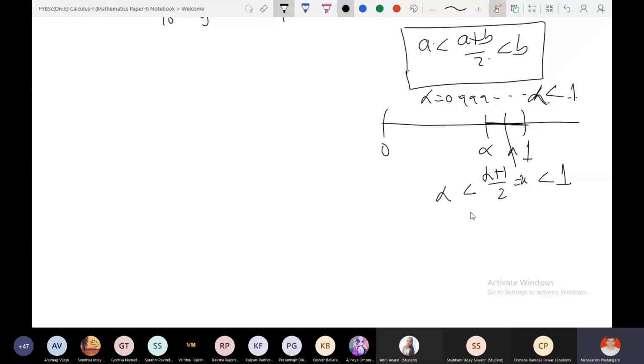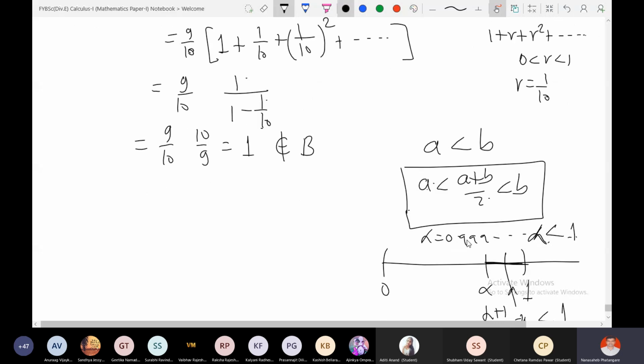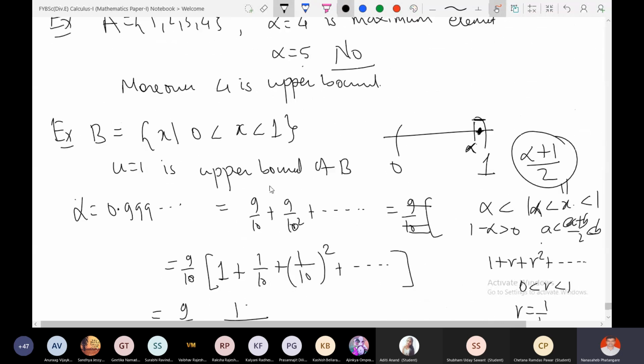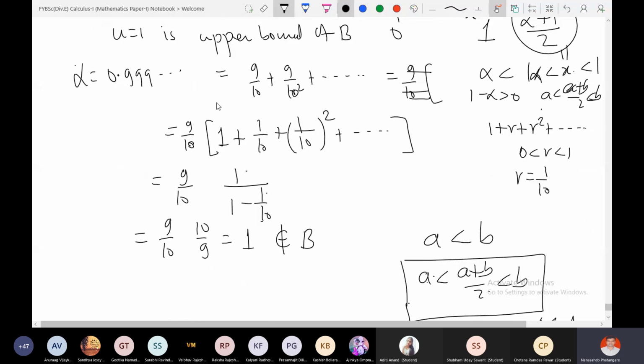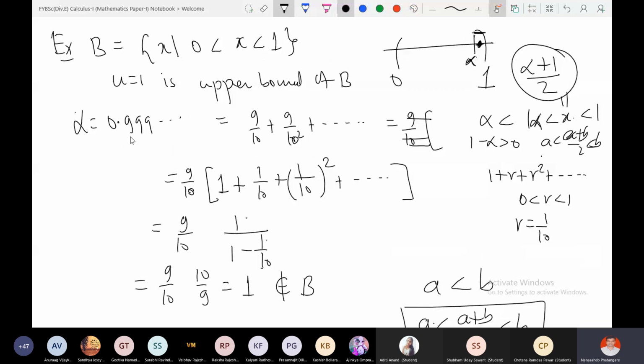A contradiction: there is a number x in between, which is greater than alpha. So how can alpha be a maximum element? If alpha is a member of the set, then there is a member of the set which is greater than alpha. In fact, alpha is not in the set because alpha is 1. 0.99 recurring is basically 1. But if somebody says that it is less than 1, then again a problem. So 0.99 recurring is actually not in the set, it is 1 because it converges to 1.